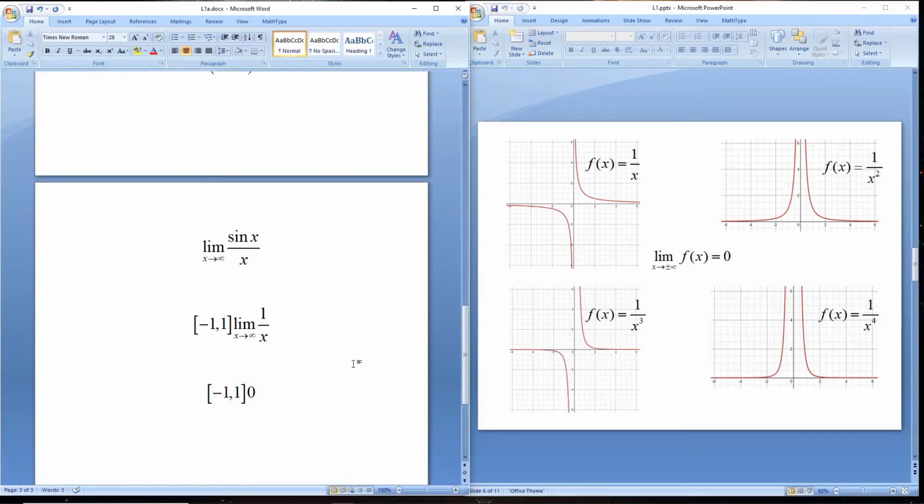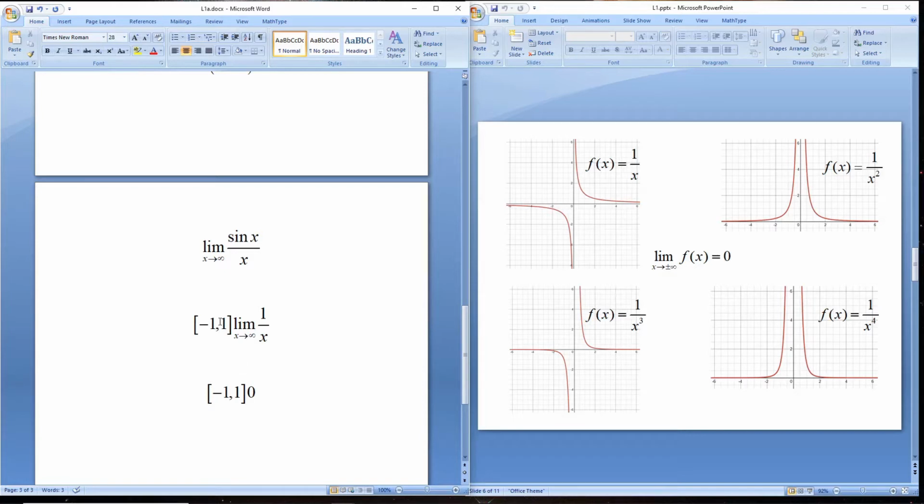Now, I do want to say again, I am being pretty loose with math notation here. I'm trying to express this idea that sine of x bounces around between -1 and 1. It's not going to blow up to infinity, which is the main point here. Sine of x will always be some finite number.